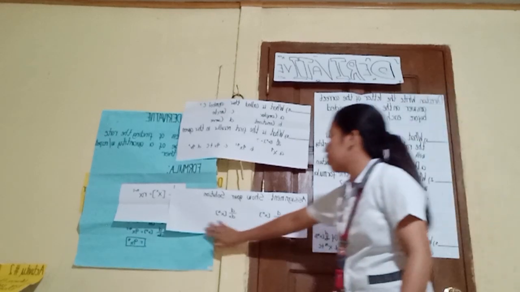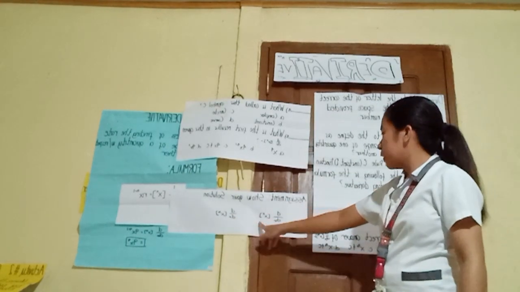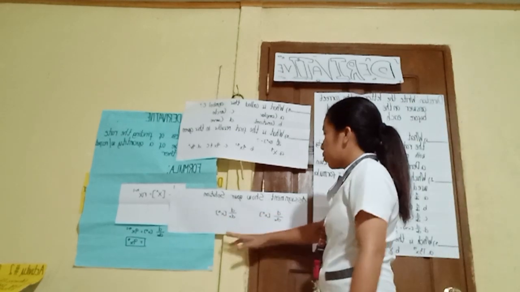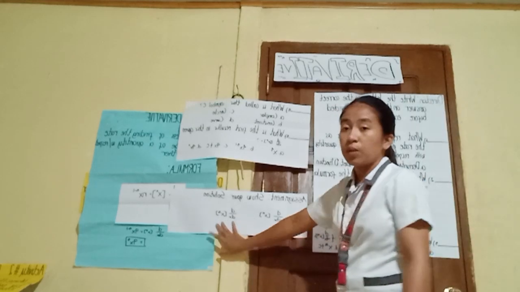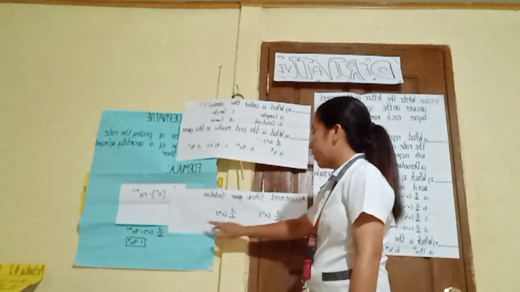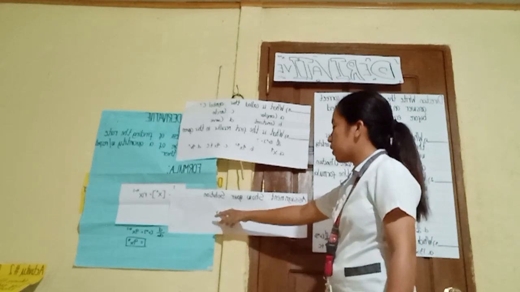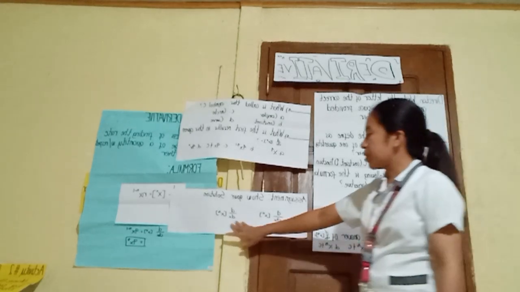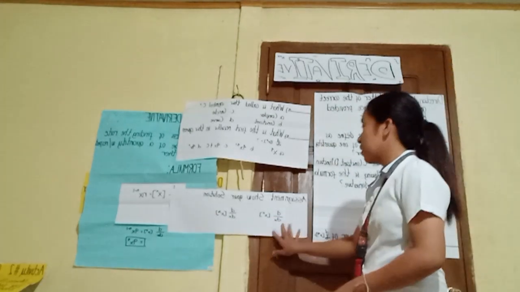Show your solution. The first problem: d over dx of x to the 11. Show the solution when you give the answer to me. The second question: d over dx of x to the n. Pass this activity tomorrow.